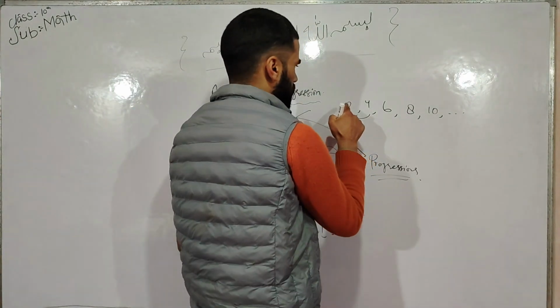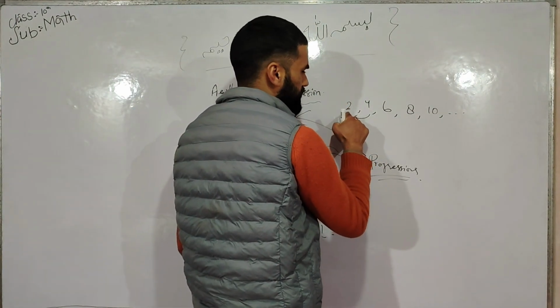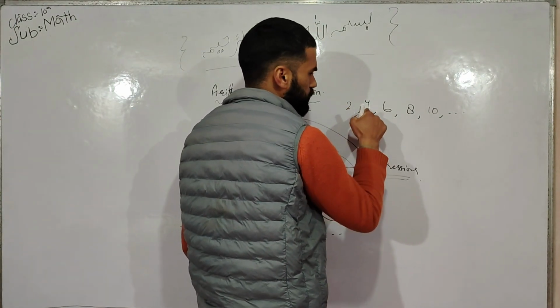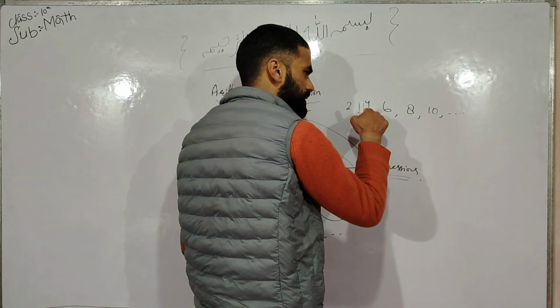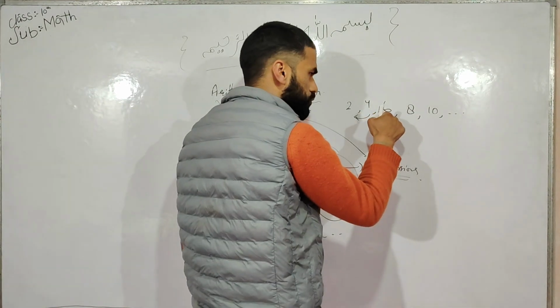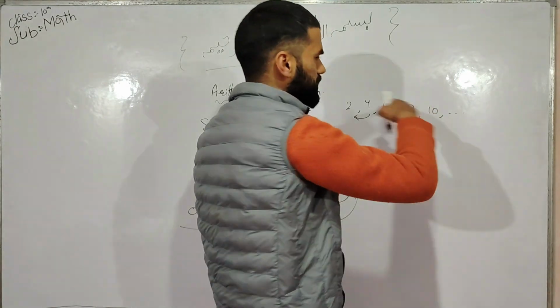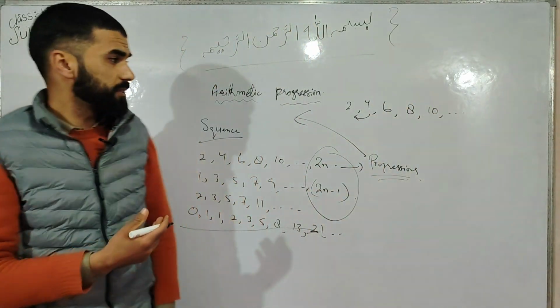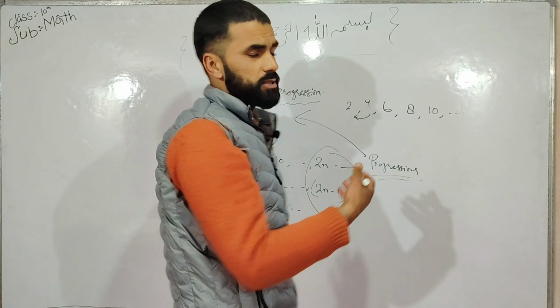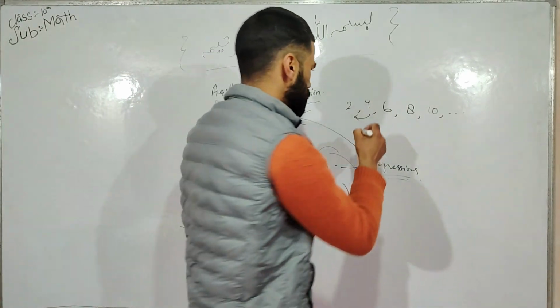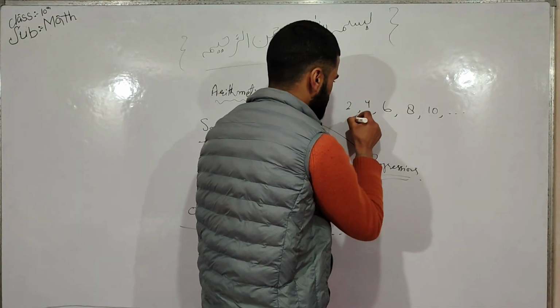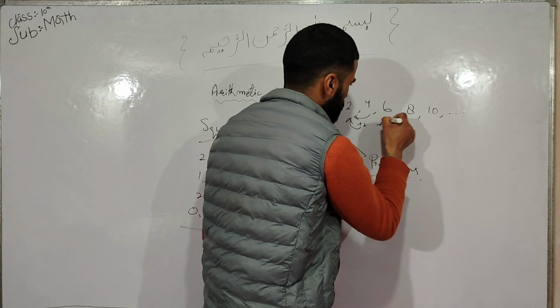For example, we add 2 to the first term, so 2 plus 2 is 4. We add 2 to this term, we get 6. We add 2 to this term, we get 8. We add 2 to 8 and we get 10. So this is the arithmetic progression in which each term is obtained by adding 2 to the preceding term.